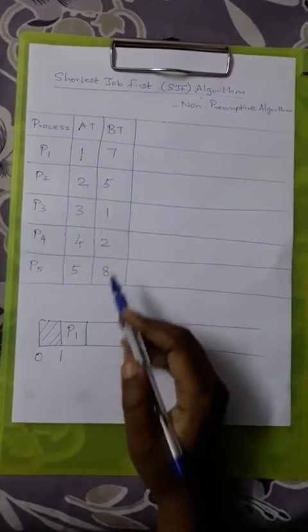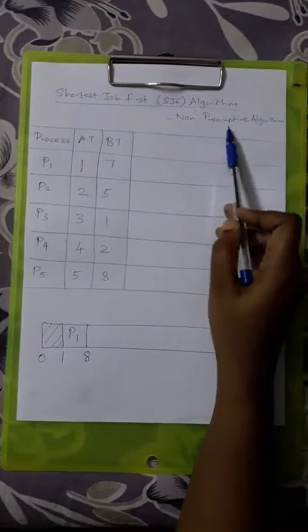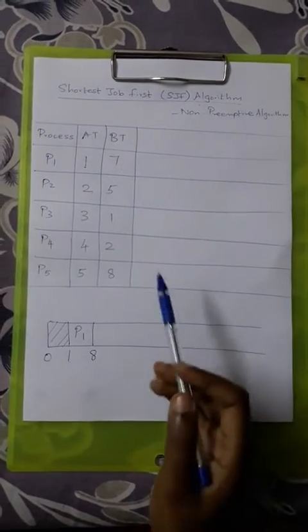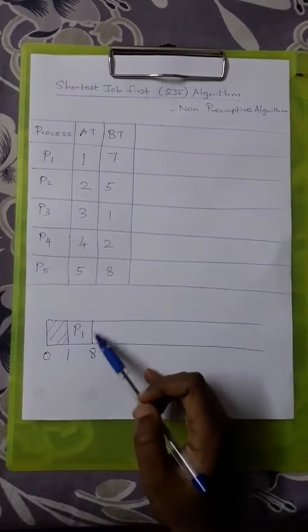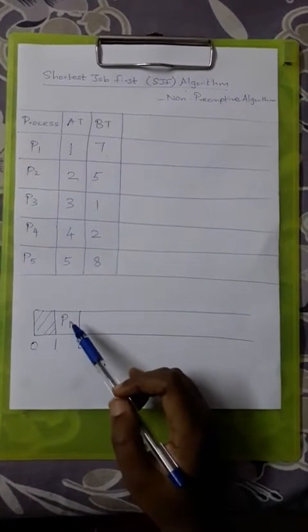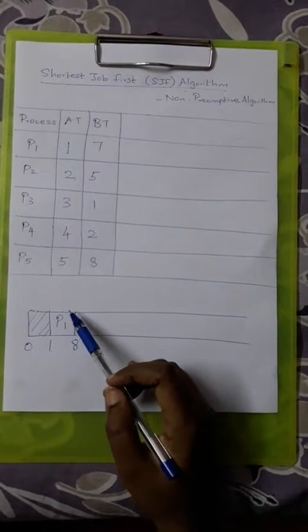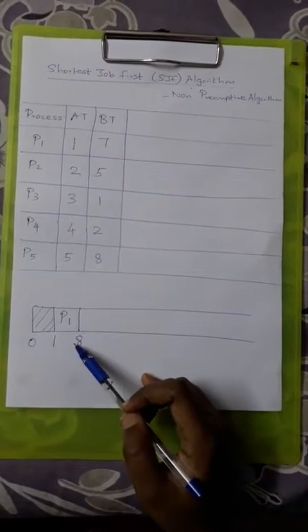P1 will run up to its burst time, that is 1 plus 7, 8 milliseconds, because this is a non-preemptive algorithm. In a non-preemptive algorithm, while a process is running, no other process can disturb or run in between the execution of another process.